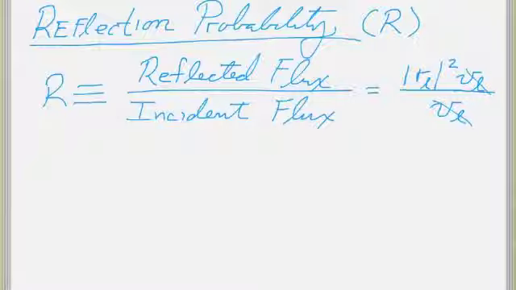So your reflection probability is just the magnitude of the reflected wave function squared, R sub L magnitude squared.